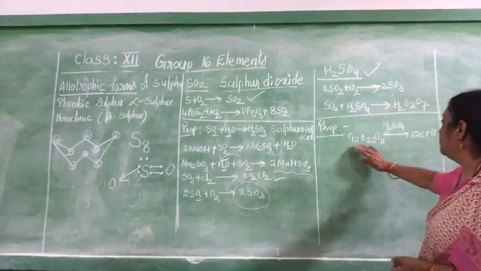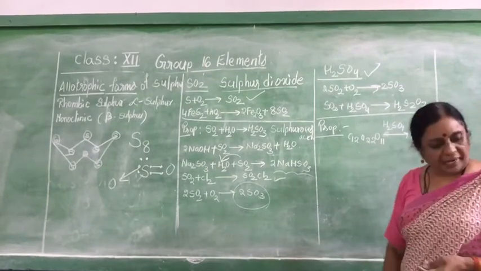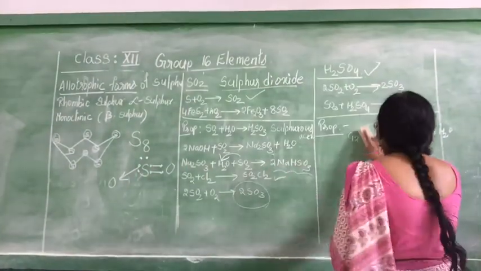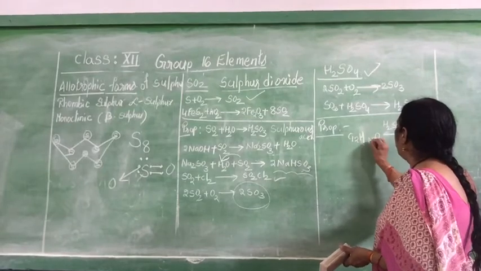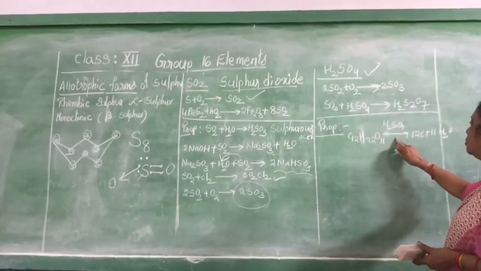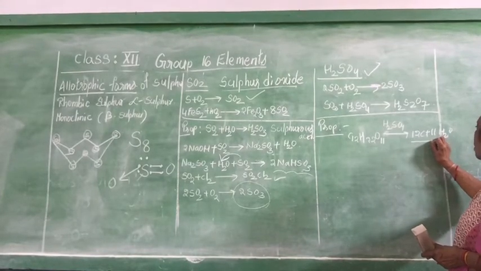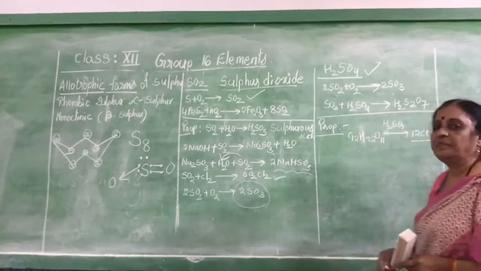Now, properties. This is sucrose, C12H22O11. In the presence of H2SO4, carbon is formed, 12 moles of carbon and 11 moles of H2O.